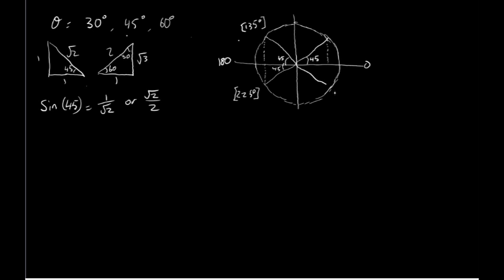I can flip this one across the horizontal and I'd get the same triangle, except now I've got 360 minus 45, which would be 315. So now all of a sudden I've got three different triangles.